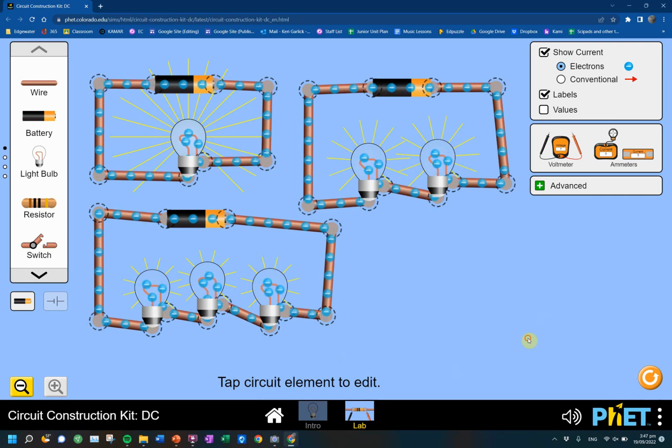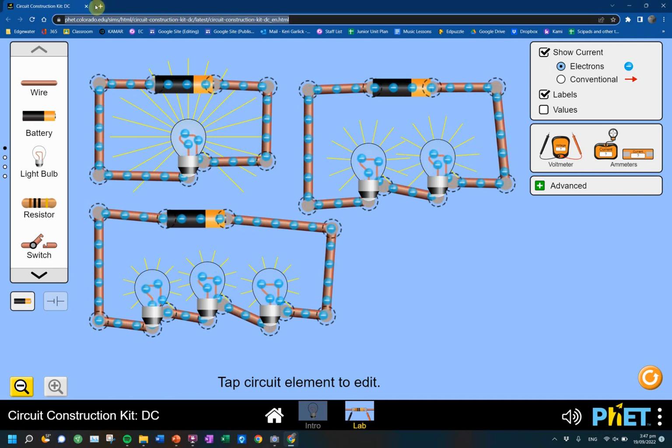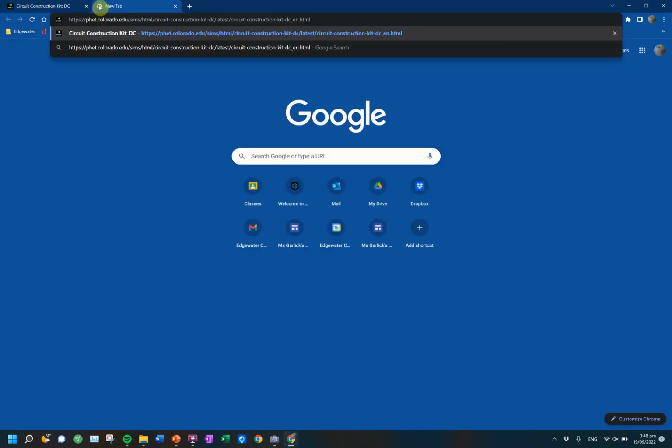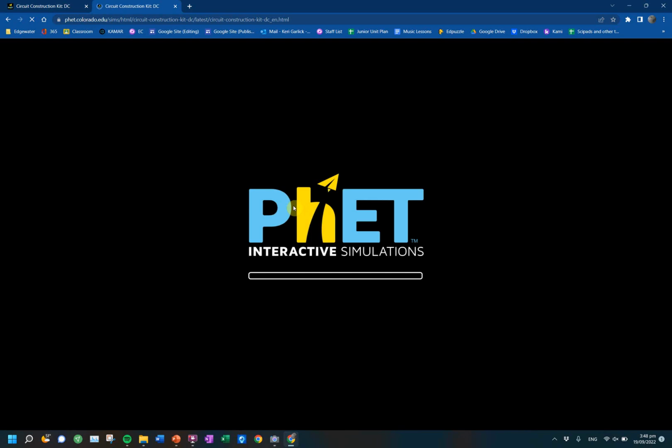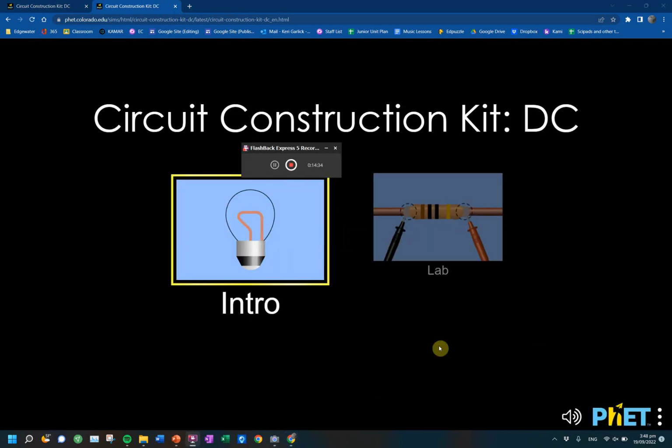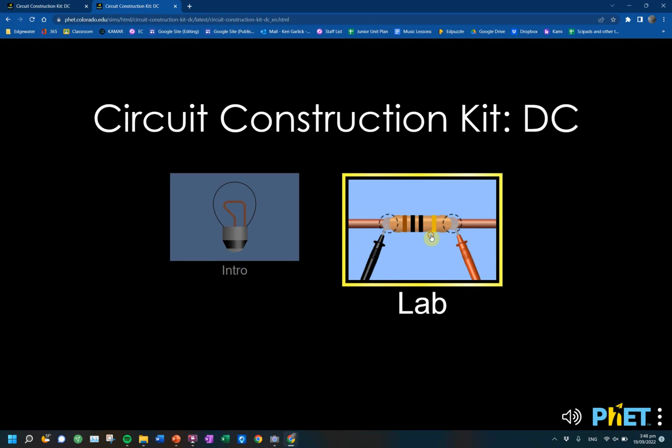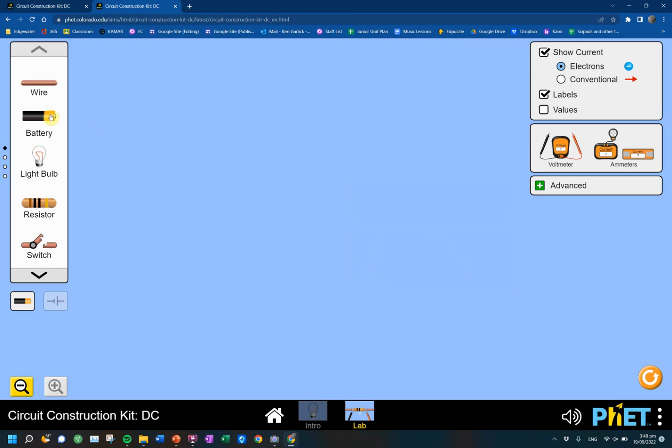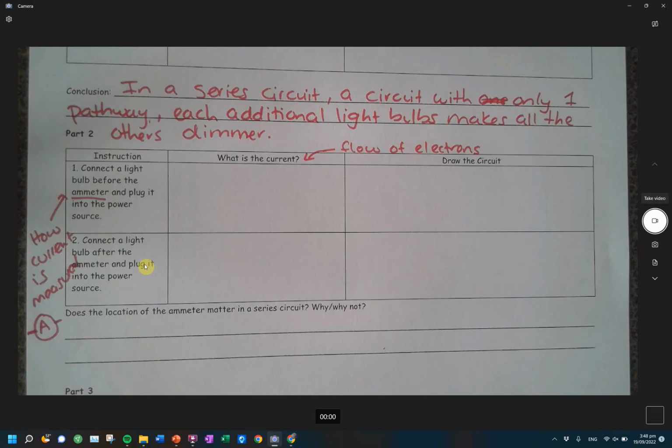Cool, so I am actually going to get rid of all these things. Let's just actually start a new circuit sheet. All right, so in this first question, we're looking over at the list, it says connect a light bulb before the ammeter and plug it into the power source.